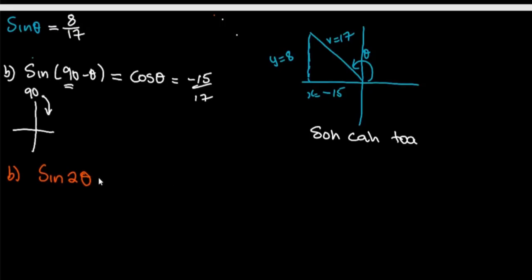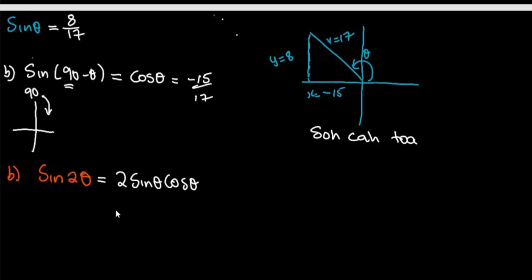Let's see if you can get the same answer. Remember, this is a double angle for sine. And remember, we can write this as 2 sine of theta cos of theta. This is an identity. You can get this on your formula sheet.